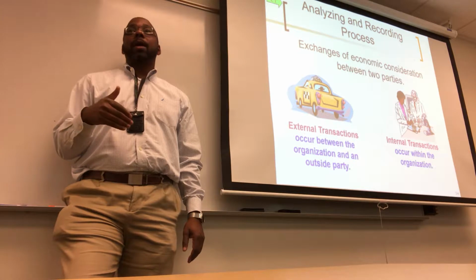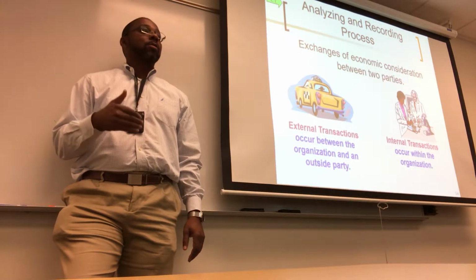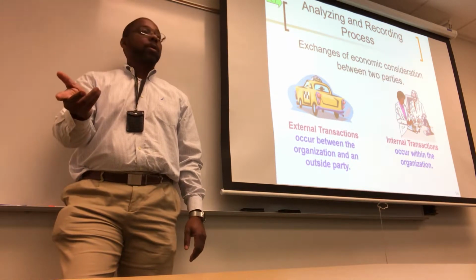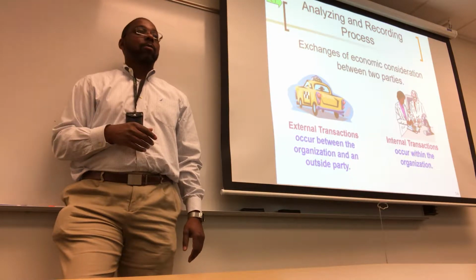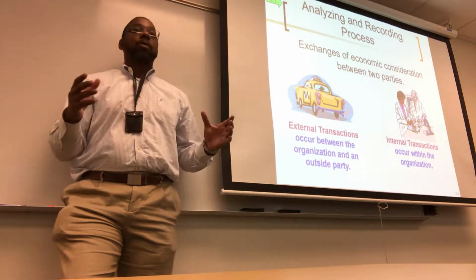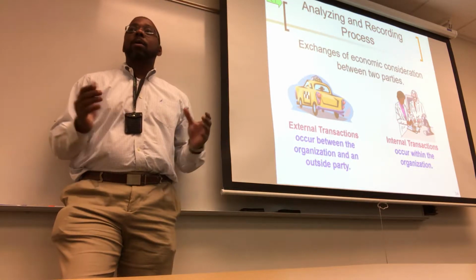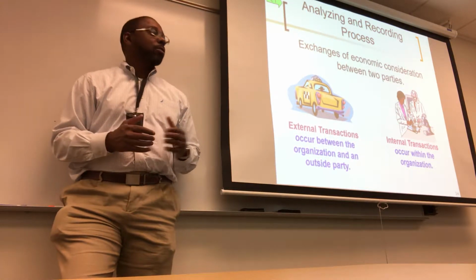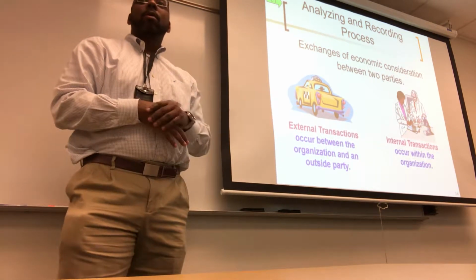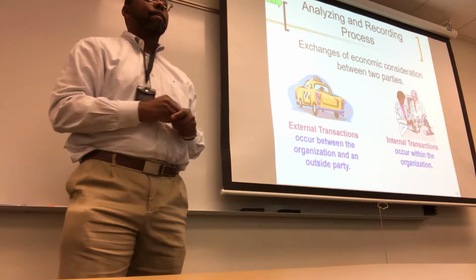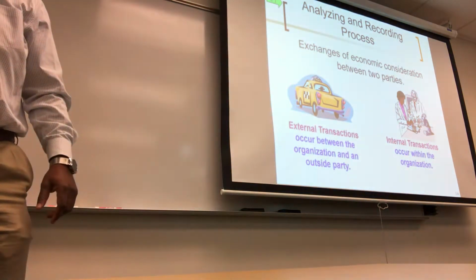So Disney theme parks will pay Marvel Entertainment to utilize those characters. Everyone with me? And because both of them are within the Disney family, that's an internal transaction. It occurs within the organization. Everybody with me? Right. Good.